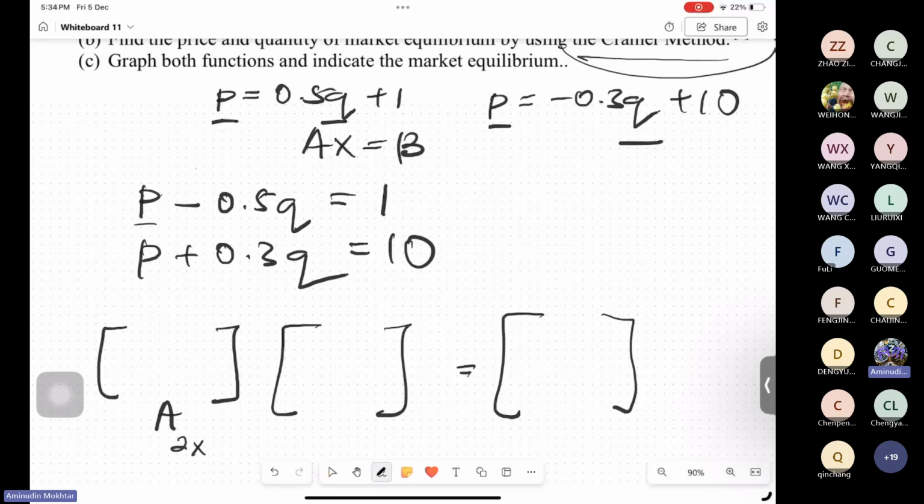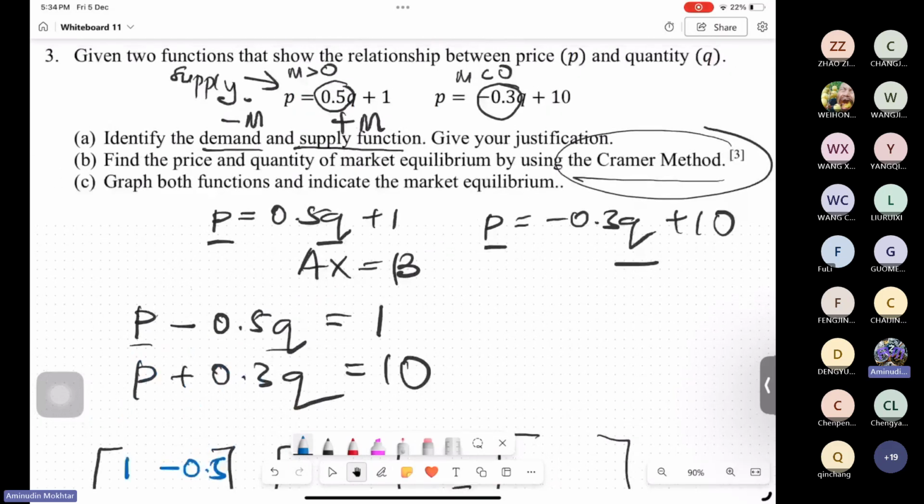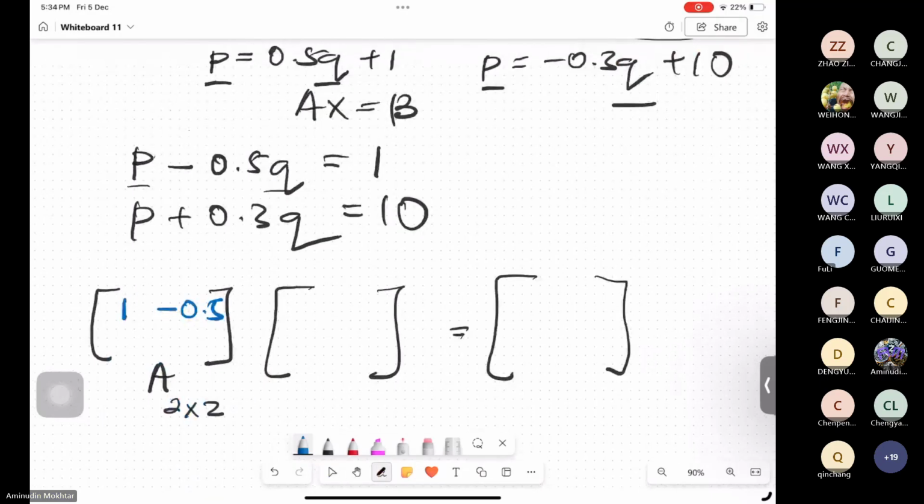We only have two variables, P and Q, so A will have two columns. The first row is the coefficients of P and Q in the supply equation: P is 1, Q is negative 0.5. The second row refers to the second equation: the coefficient of P is 1, the coefficient of Q is positive 0.3. That's A.